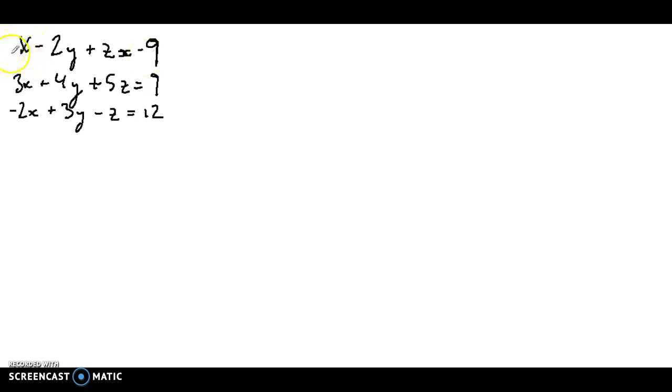So now that this is a 1, what I'm going to do is take multiples of this row that will eliminate these x's. And to save space in writing, I like to do these in a single step. So I draw an arrow that this will be my next system. And I start by saying I need to multiply row 1 by a -3 in order to eliminate the x in row 2.